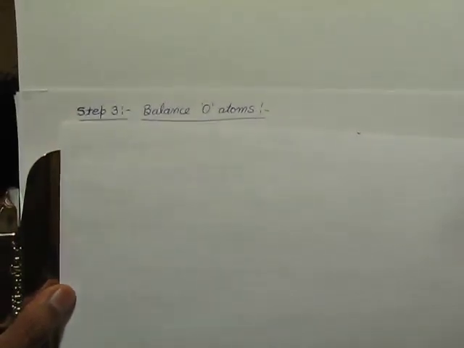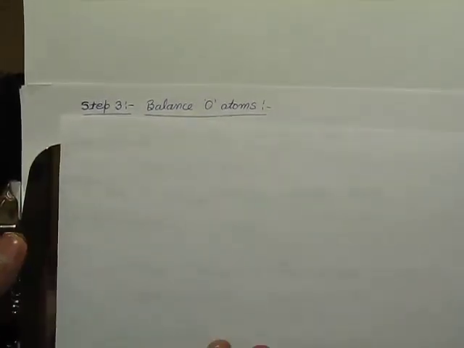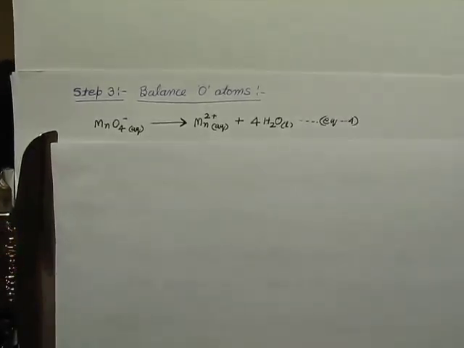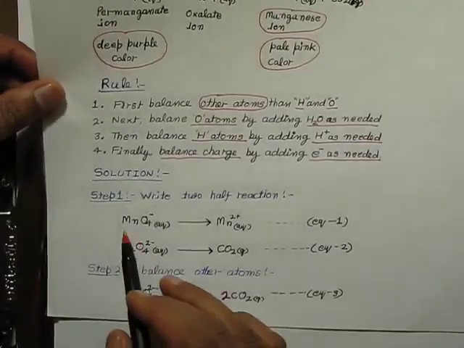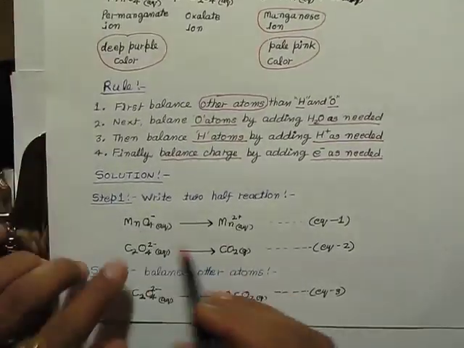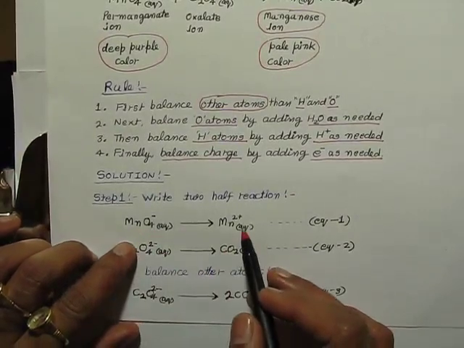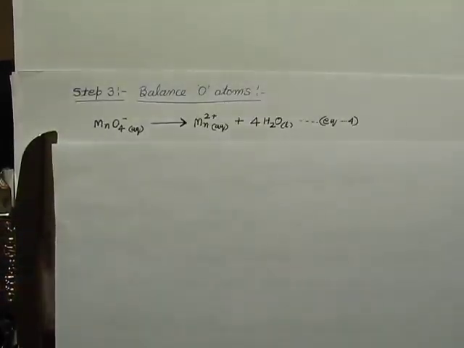Now we have to balance oxygen atoms. So let's start with equation number 4. You can also understand from equation number 1, where permanganate ion has 4 oxygen and manganese ion has none.